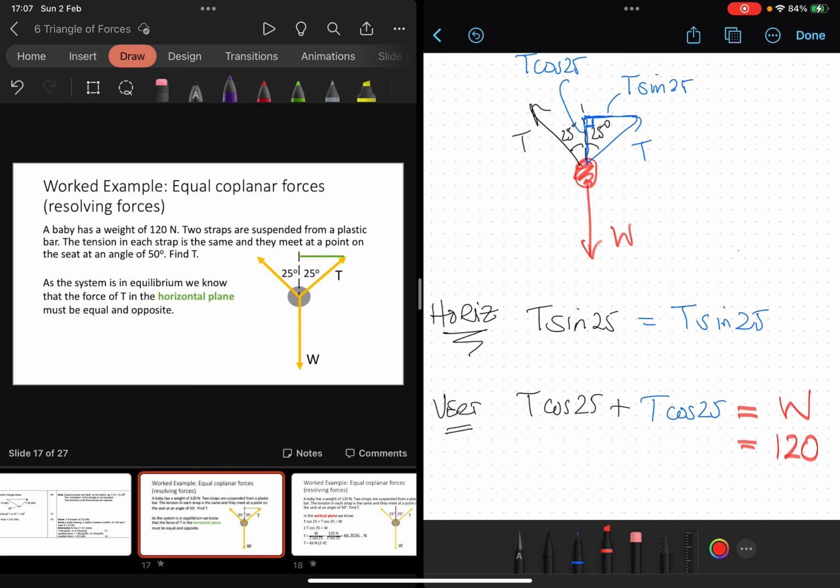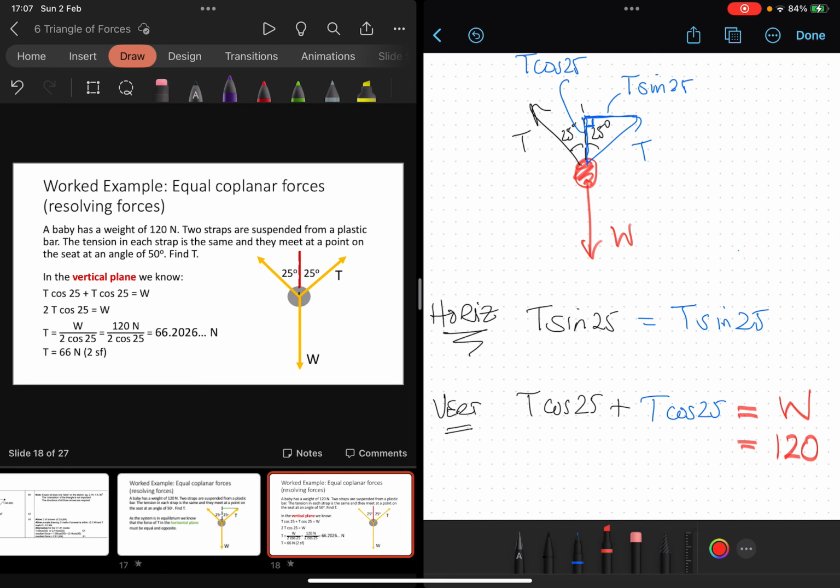It's 120 newtons, and so now I can work out the other aspects. I can work out the tension by just doing a little bit of algebra. You've got the working out on that PowerPoint slide. You get a value of T to be 66 newtons. And you can check that and work that out for yourselves.